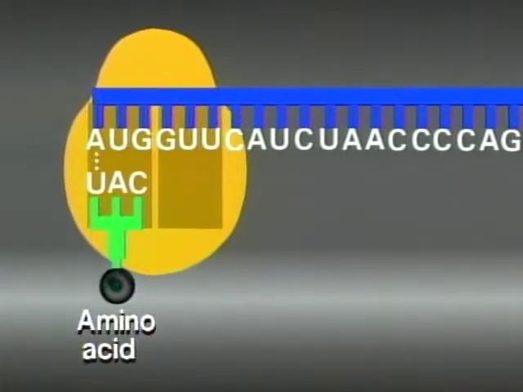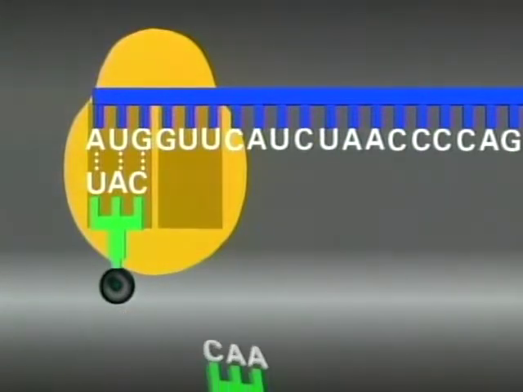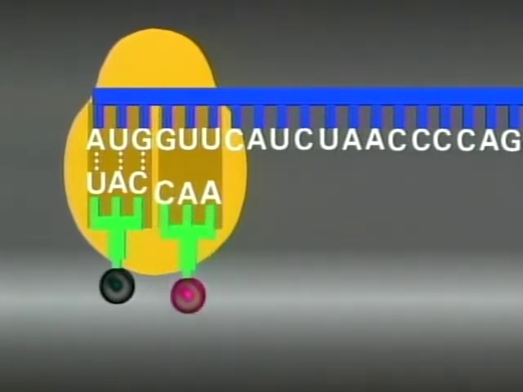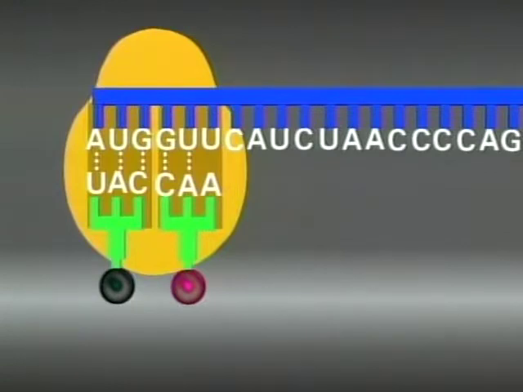It has a base triplet that can only hydrogen bond to the messenger RNA triplet that codes for the amino acid it carries. Another transfer RNA, carrying a second amino acid, arrives and bonds to the next triplet. Again, the transfer RNA only bonds to the triplet that codes for the amino acid it is carrying.